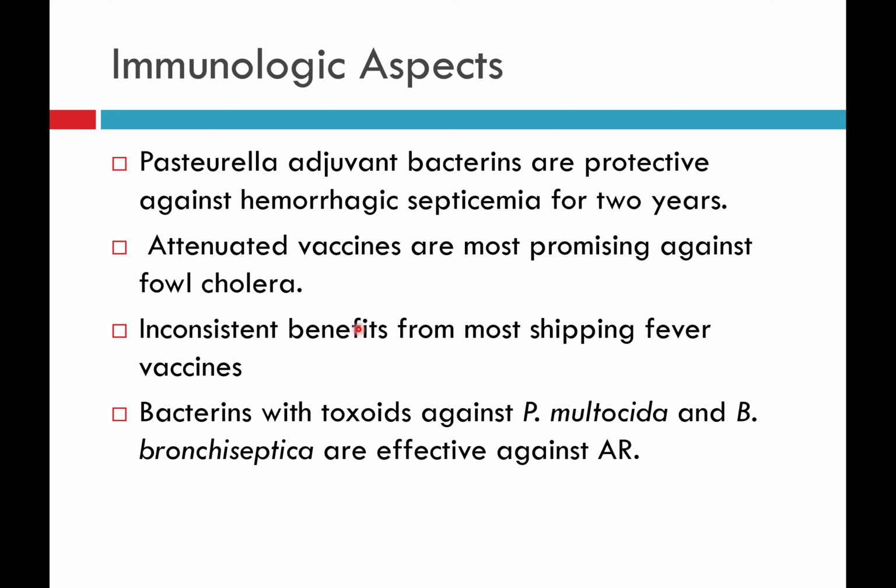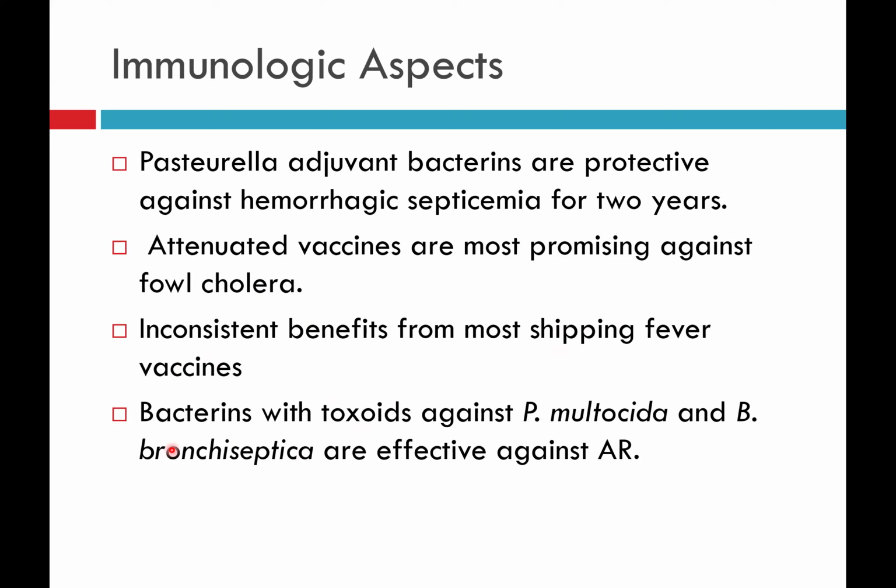So these other causes of shipping fever make it very difficult to produce a vaccine, because it is multifactorial. When we say it's multifactorial, there are other causative agents that will play a role in the development of that disease.